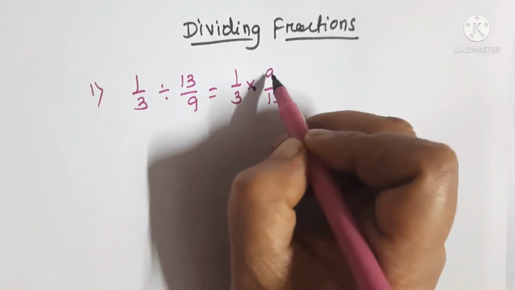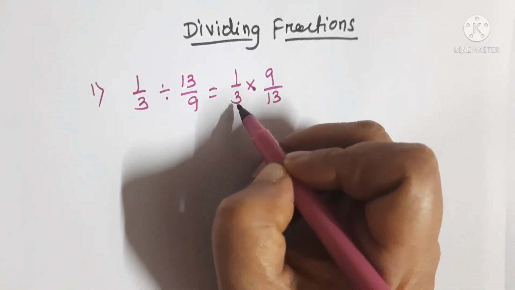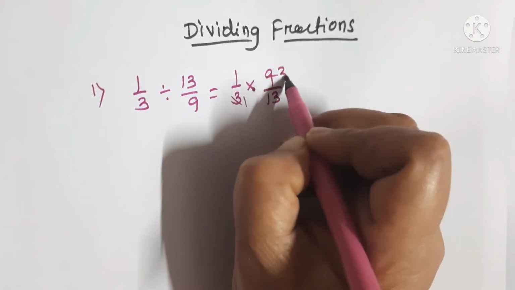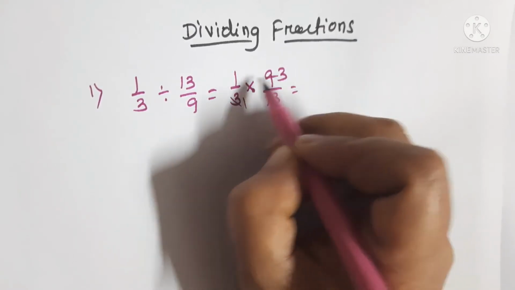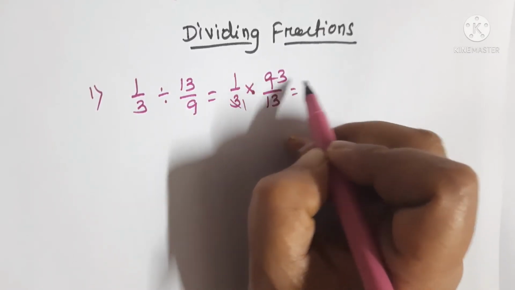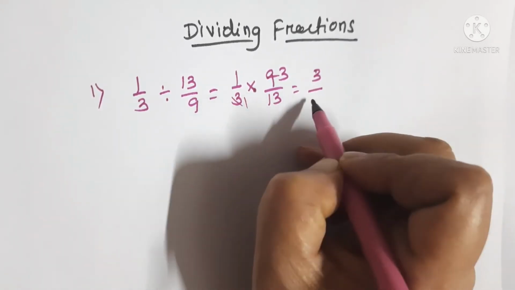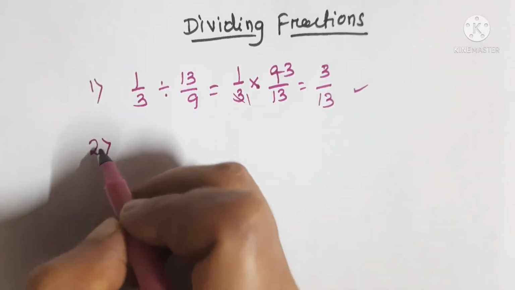Now, as in cross multiplication, you can cancel the numbers. So 3 ones are 3, 3 3s are 9. Now 3 ones are 3, and here 13 ones are 13. This is the answer. Now we'll move to the next one.